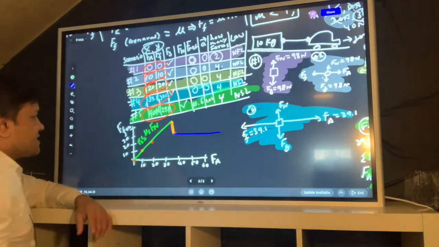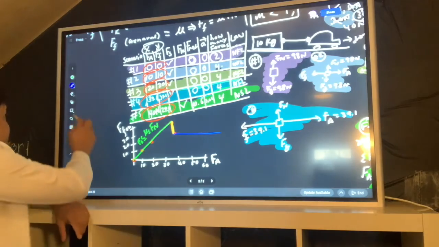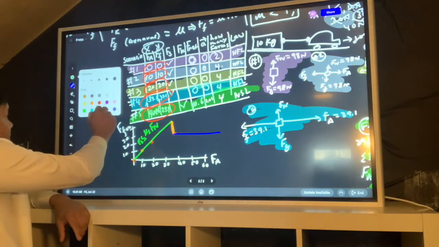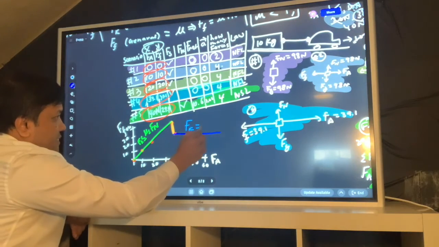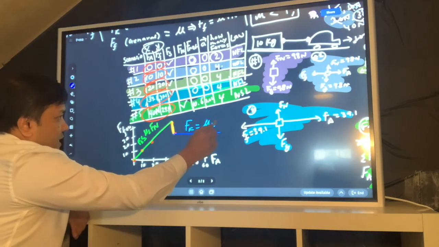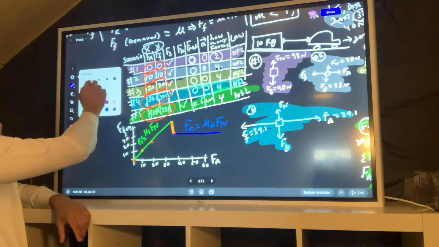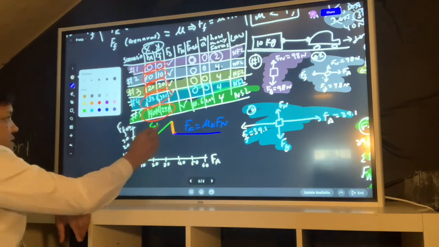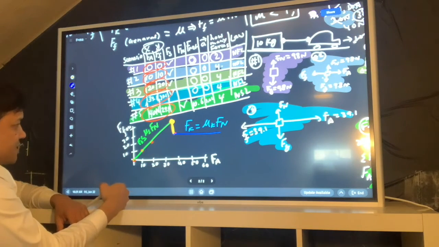So you're going to fix this equation that I wrote before in a second. This one is Fk is mu k Fn, and this one is called maximum static friction.